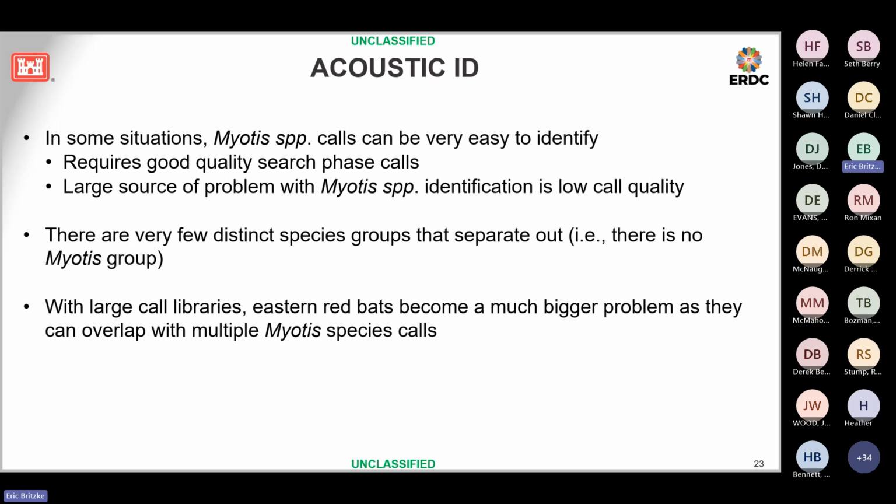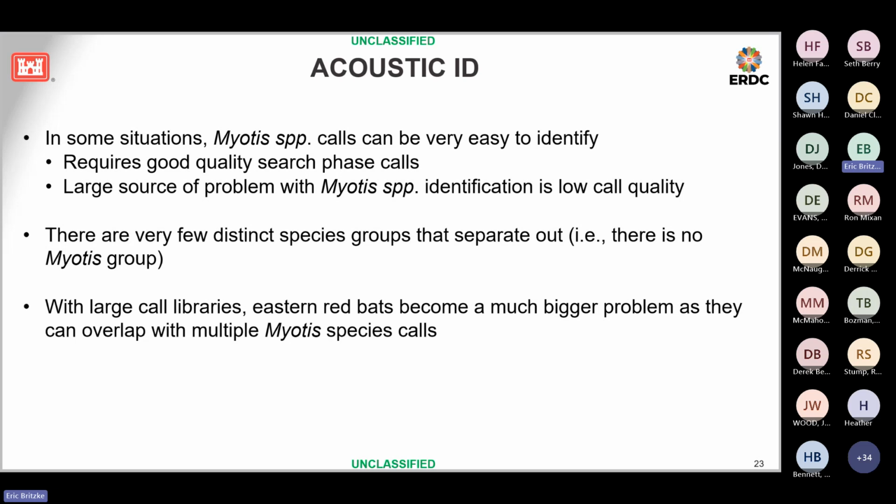We often hear about a Myotis group, and we say, well, we don't know which Myotis it is, but we're just going to dump it into that group. I'm a firm believer that there's not a true Myotis group, because red bats can look like lots of different species, including lots of different Myotis. So that's the issue there, and I really refrain from using those groups.